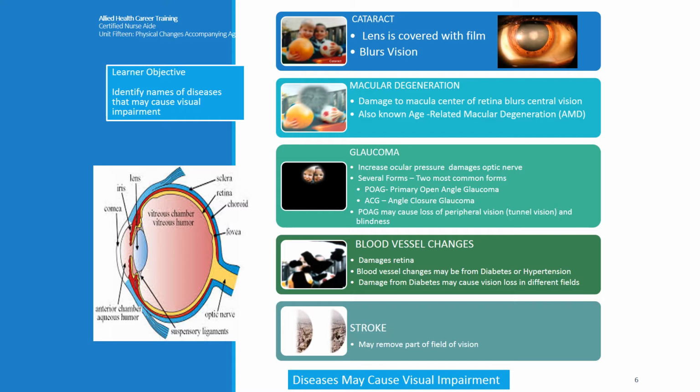A stroke may also remove part of a field of vision, because remember what a stroke is. The stroke is the bleed or a clot in a brain vessel. We may not quite have talked about that yet, but we will talk about that during this presentation. But a stroke can definitely affect your eyesight.